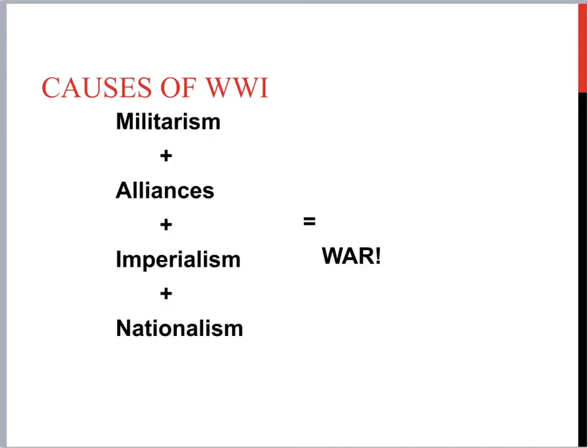They're all listed here. All right. Militarism, alliances, imperialism, nationalism. One, two, three, four. Those are the underlying causes of World War One.